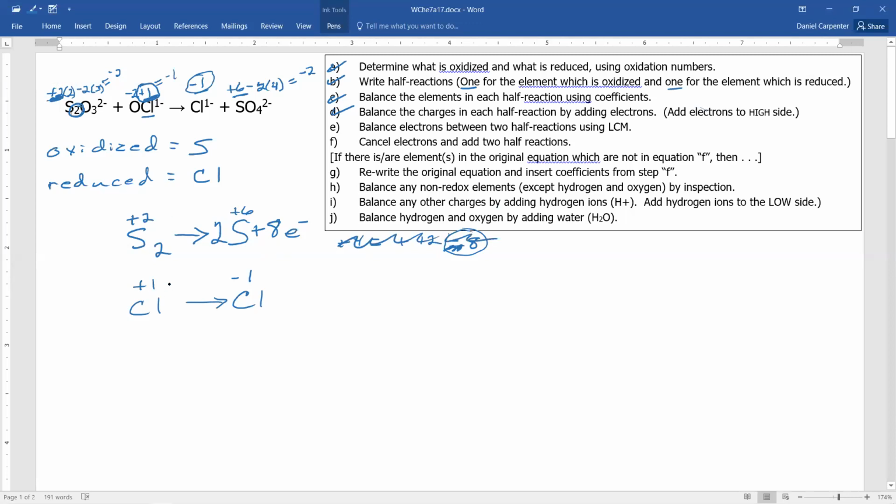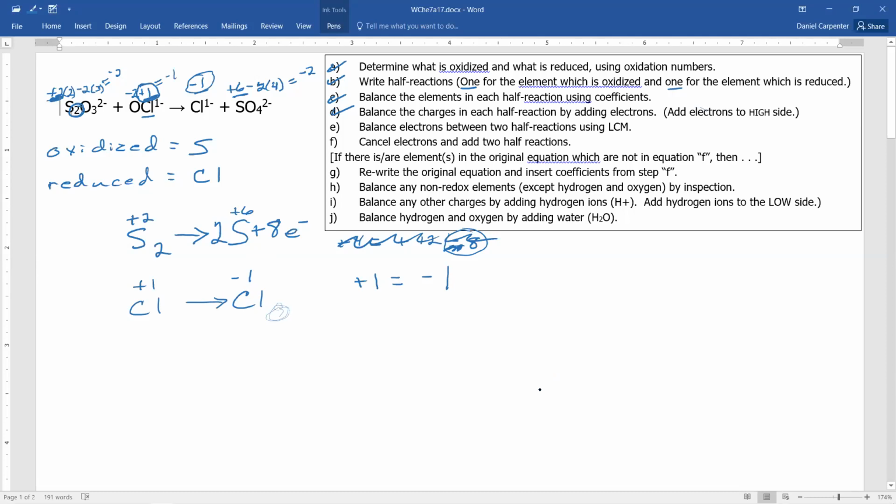Now we do the other half reaction. This one's too easy. 1 times 1 times 1, plus 1. And on the right, 1 times 1, whoops, didn't mean to put that little line there, times minus 1 is minus 1.